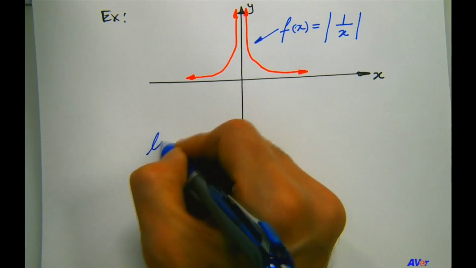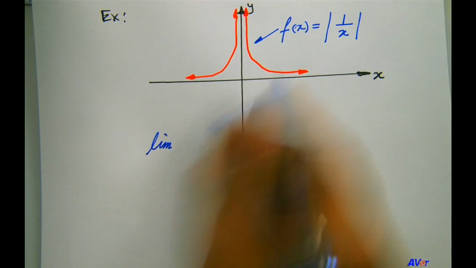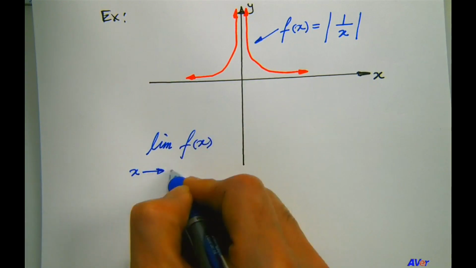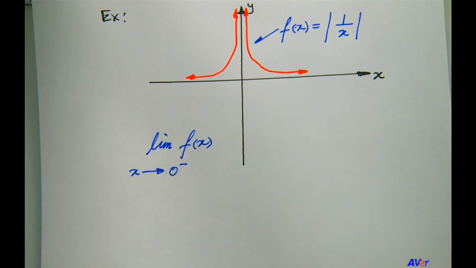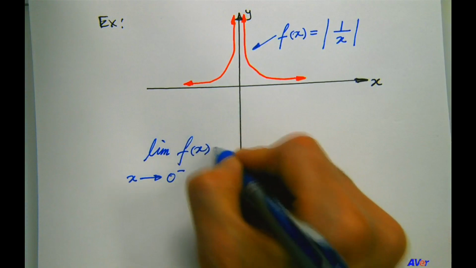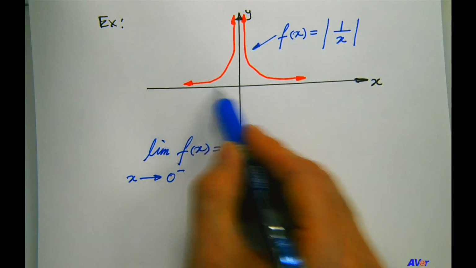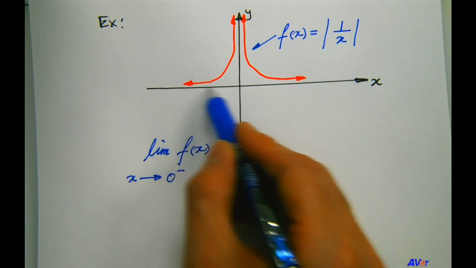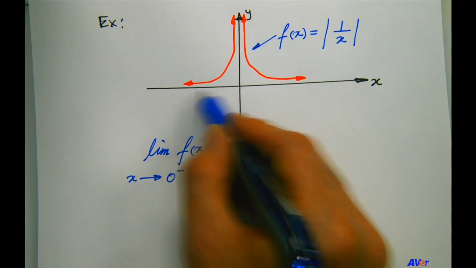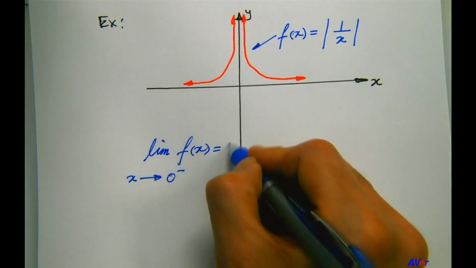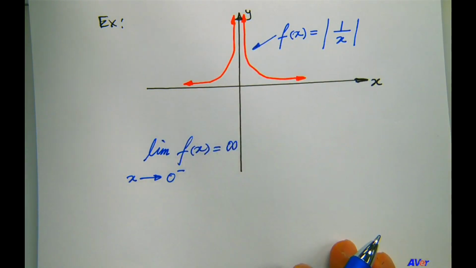So the limit of function f of x as x approaches 0 from the left, right? What is it equal to? As the x value approaches 0 from the left, what happens to the function? It goes to infinity. It's equal to infinity.